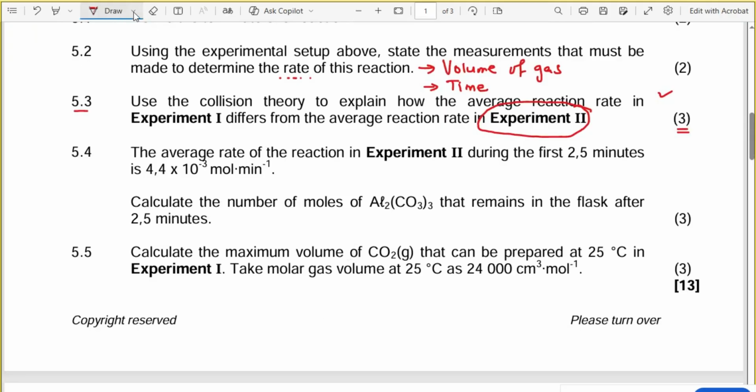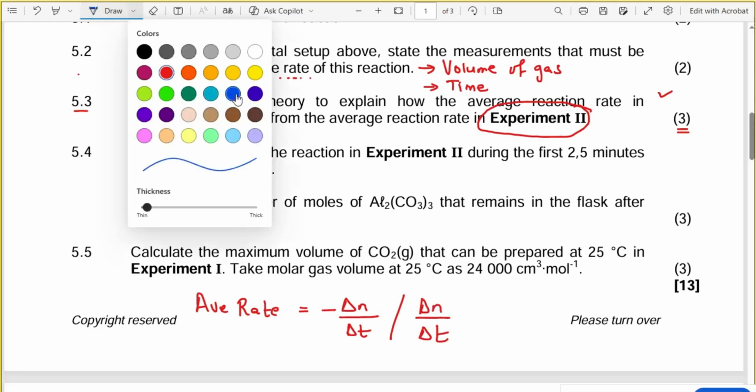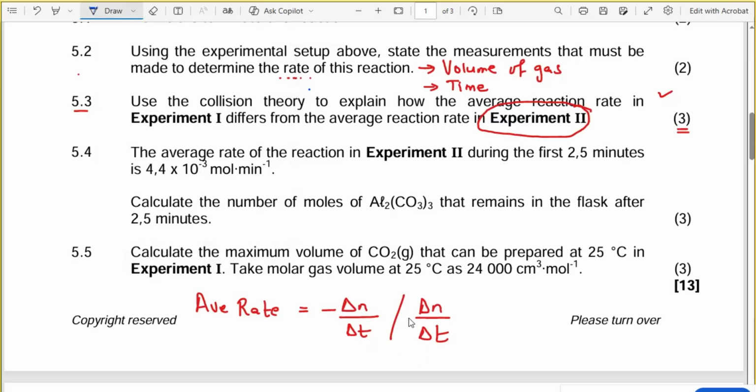So to answer this question, first thing first, just know that the formula for the average rate is equal to negative the change in number of moles all over the change in time, or you can say the change in number of moles over the change in time. So the main thing we need to ask ourselves is: when do we use the positive, and when do we use the negative?